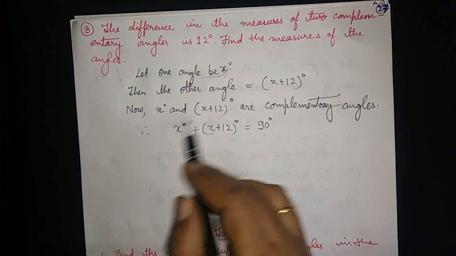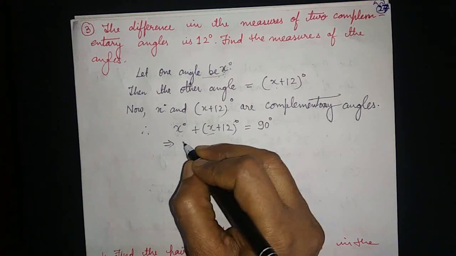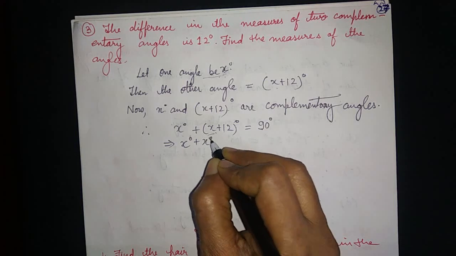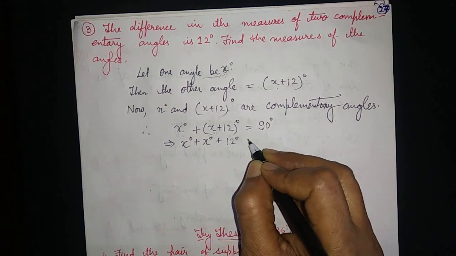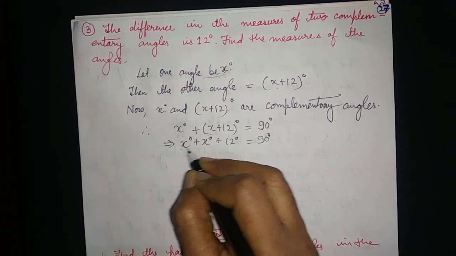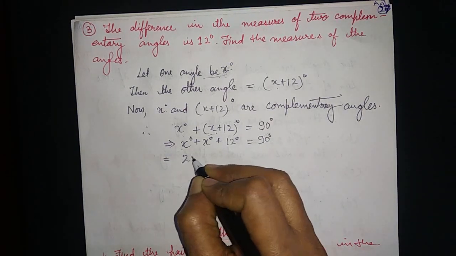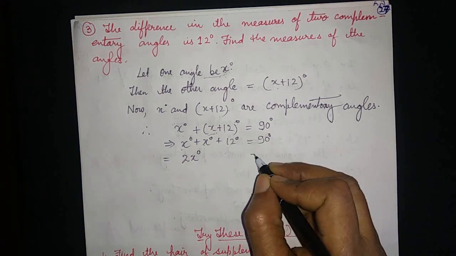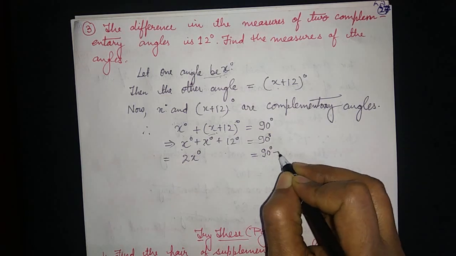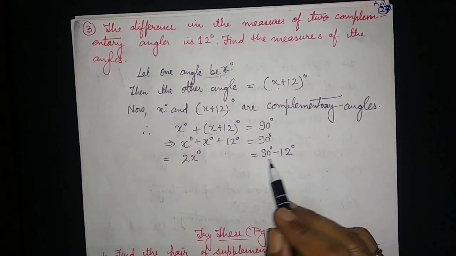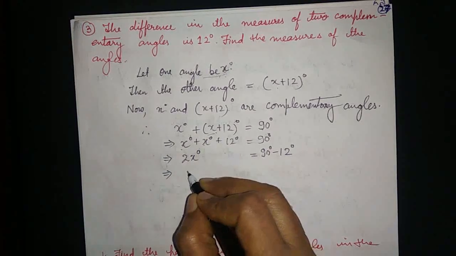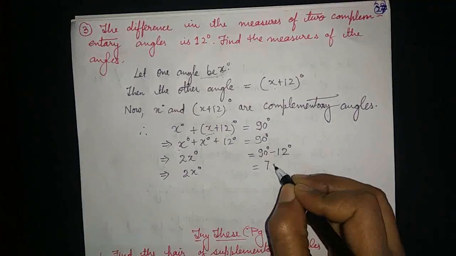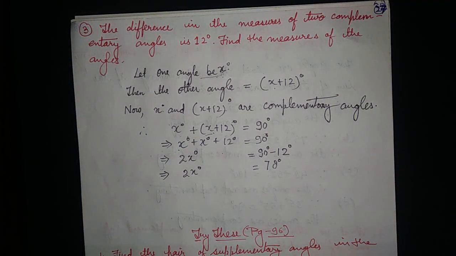Now we will solve it. Here x degree plus x degree plus 12 degree is equal to 90 degree. X degree and x degree we add, and we get 2x degree, and this 12 degree we will transpose to the right hand side, and now 2x degree is equal to 78 degree.